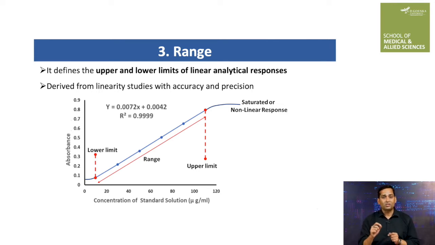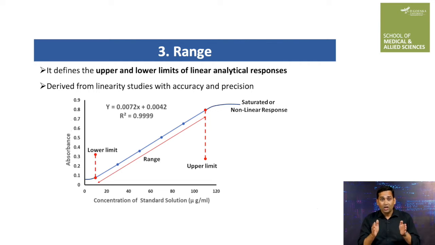Once we get this linearity range of an analytical method, we can use this standard curve or straight line curve for determination of unknown concentration. Concentration of API in the unknown sample must be able to produce a signal or response, for example, absorbance on the y-axis, within the linearity range.